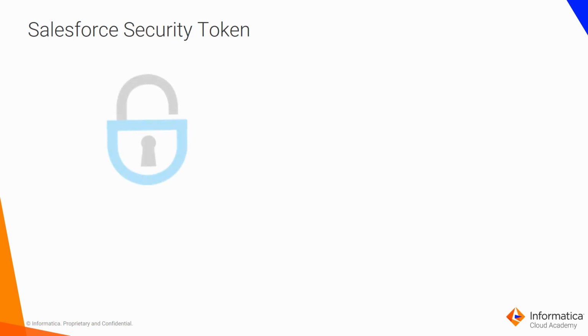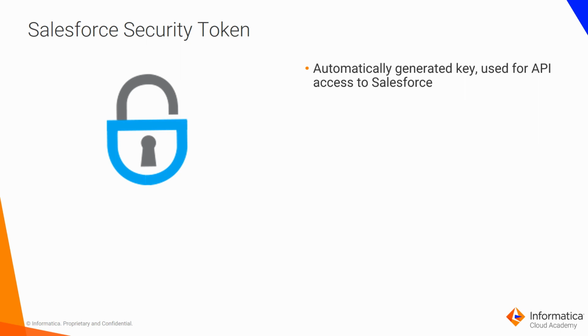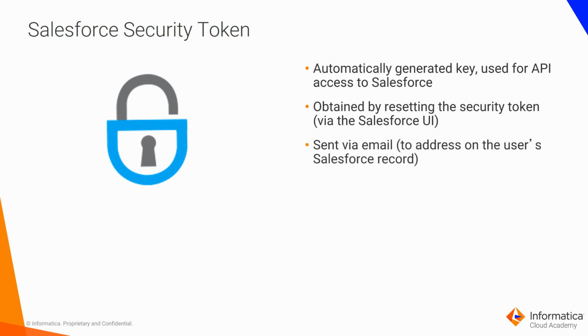The security token is an automatically generated key from Salesforce. To get the security token, you need to log into Salesforce, and then there is a button you can click to reset the account security token. The email address that is associated with the user record in Salesforce would get the new security token by email.